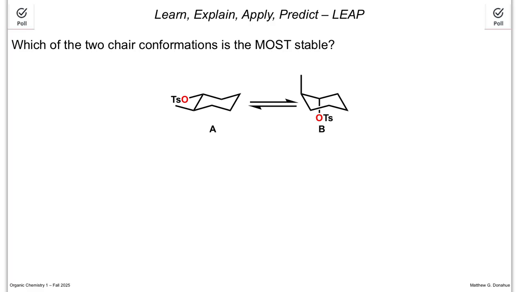So for each chair conformation, remember there's a chair and a chair flip. So of these two, A and B, in the ground state, which is the more stable one? Some pretty enthusiastic A's to begin with. And so why is that?